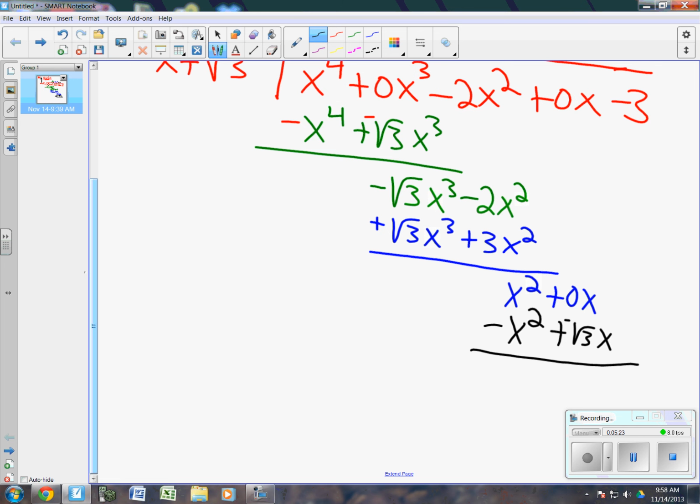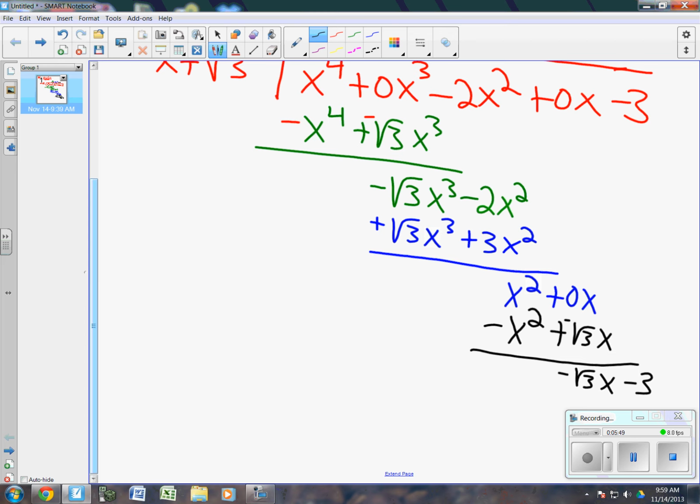It's like this. If I'm going to subtract, I just change the signs and add. It's the same thing. Okay, here we go. Negative root 3x brings negative 3, right?